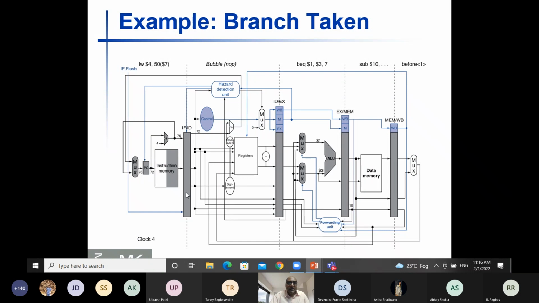And then at that time, you see that when the branch is taken, the PC will be loaded with the new target address, that is 72, right? And then this IF/ID contains this branch address.